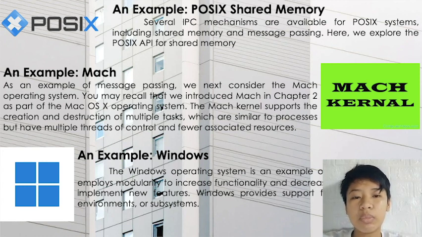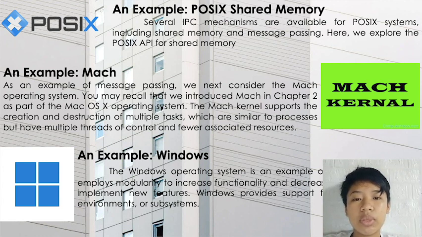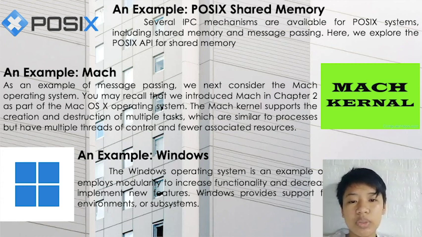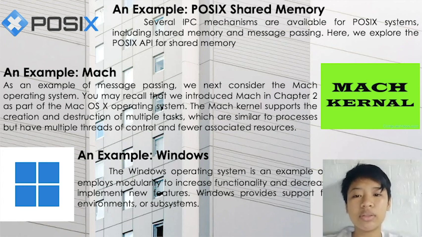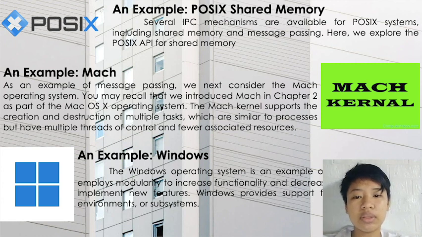An example of Mach. As an example of message passing, we next consider the Mach operating system. You may recall that we introduced Mach in Chapter 2 as a part of the Mac OS X operating system. The Mach kernel supports the creation and destruction of multiple tasks, which are similar to processes but have multiple threads of control and fewer associated resources.